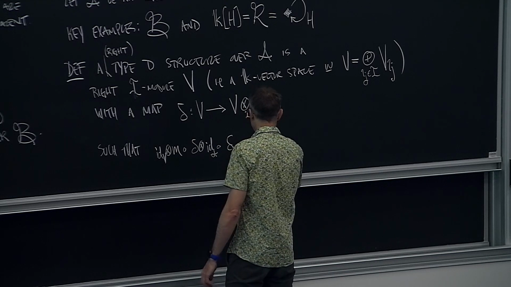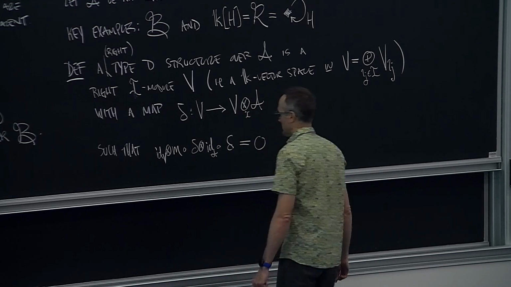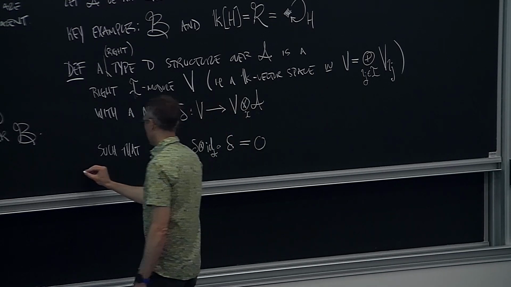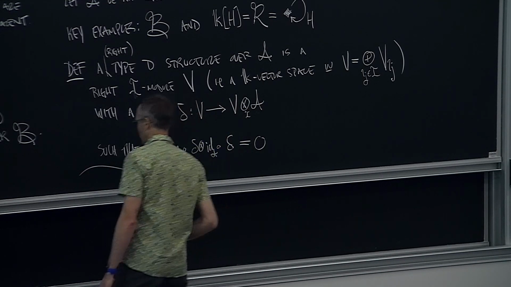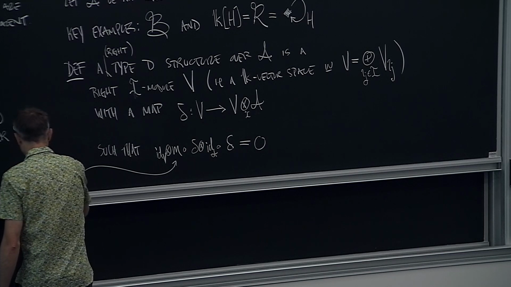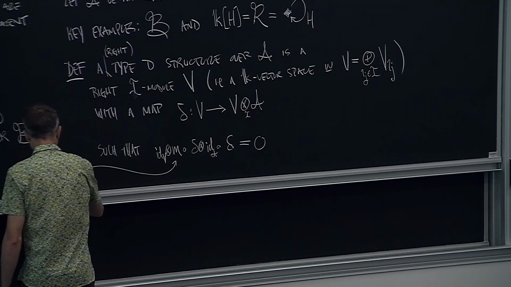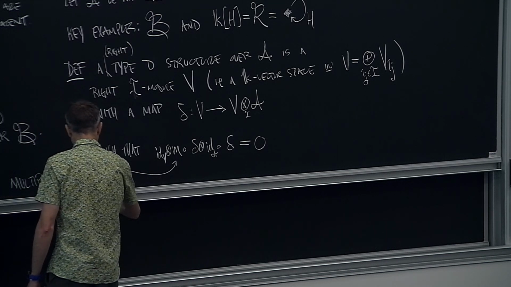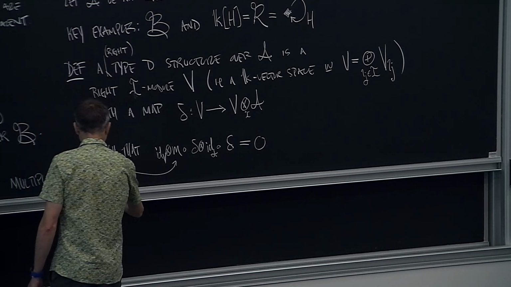So all of this should be 0. Right. So this is multiplication in the algebra A.